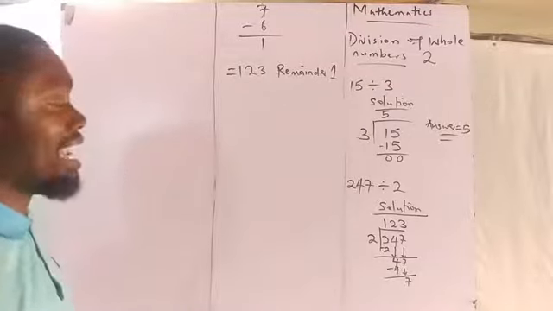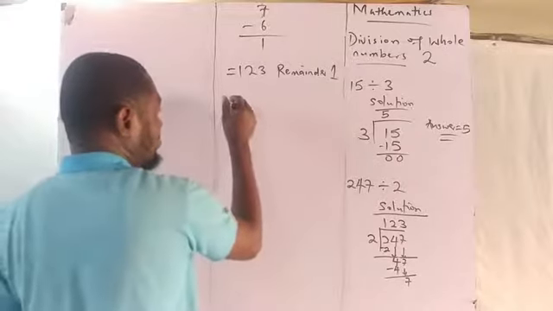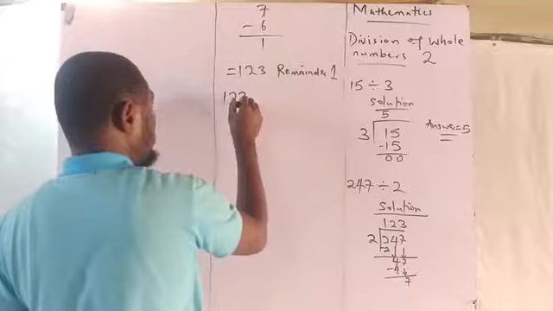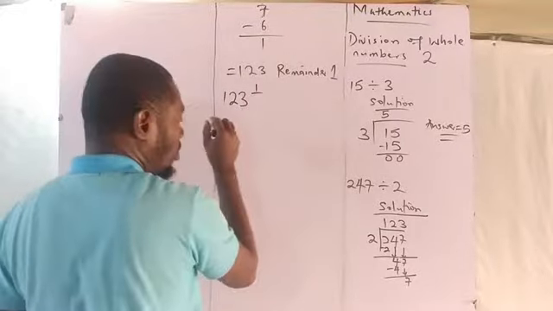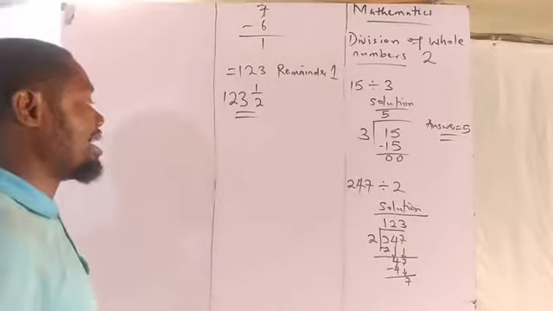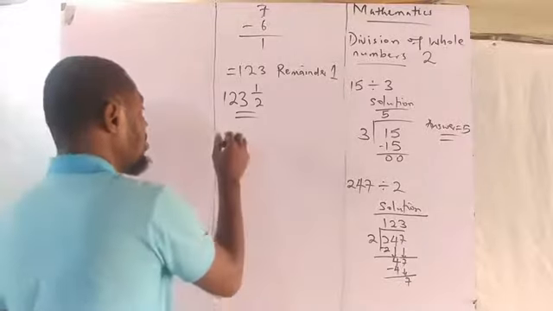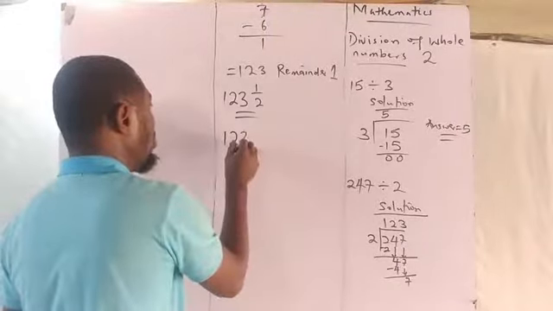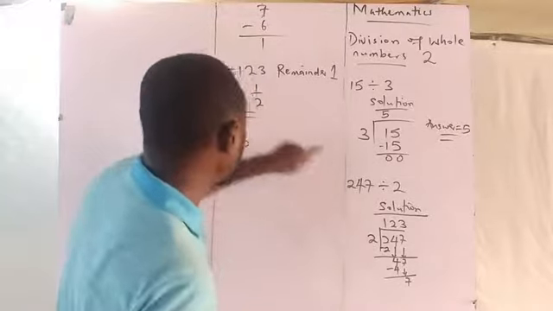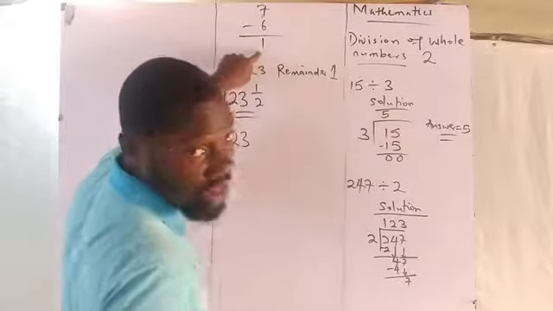Or you put your answer in fractional form, which I've shown you in the previous class, as 1, 2, 3, whole number 1 over 2. This is the answer. Or you put your answer in decimal form if you like. 1, 2, 3 whole number. 2 in 1 is not possible.